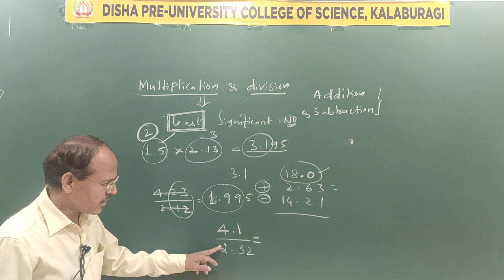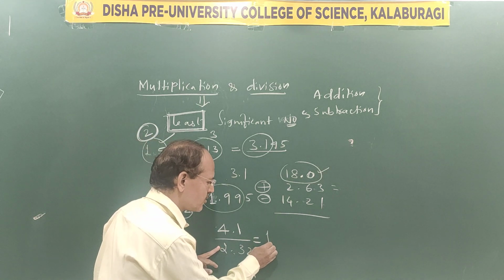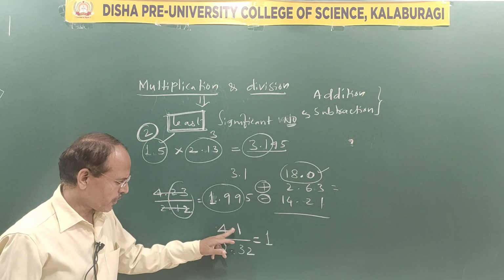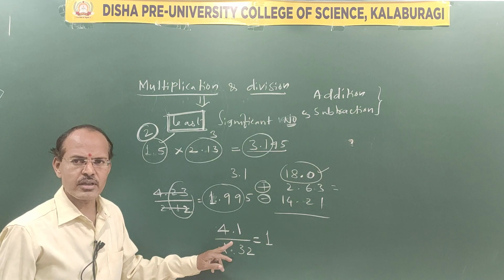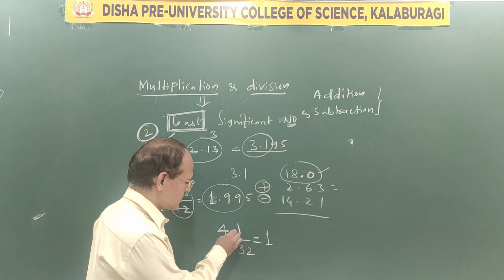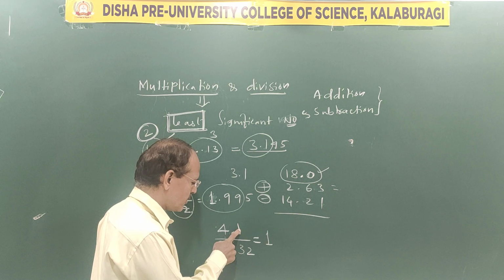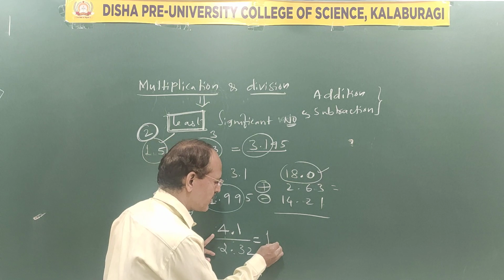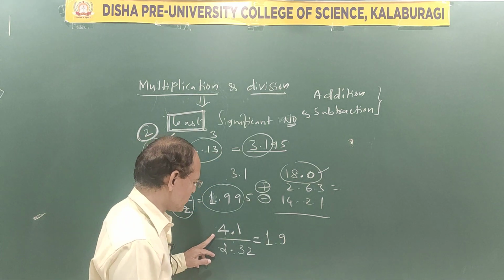The answer is approximately again 1 point something, isn't it? 4.1 and 2.32. So the approximate answer will be almost 1.9 something.